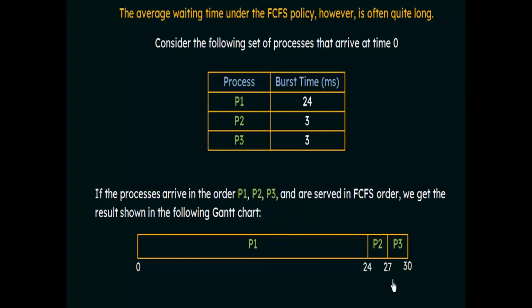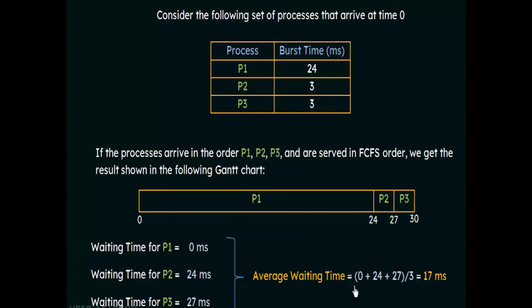Notice that process P3 has to wait for 27 units of time, and the completion of execution of all the processes is at 30 units of time.